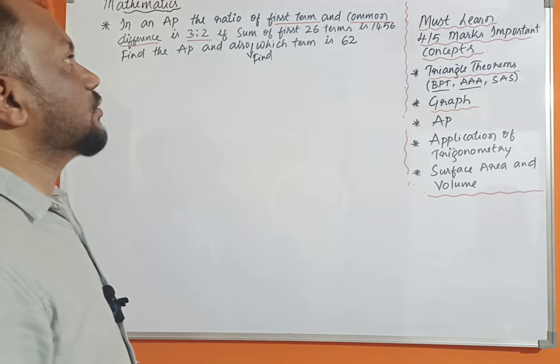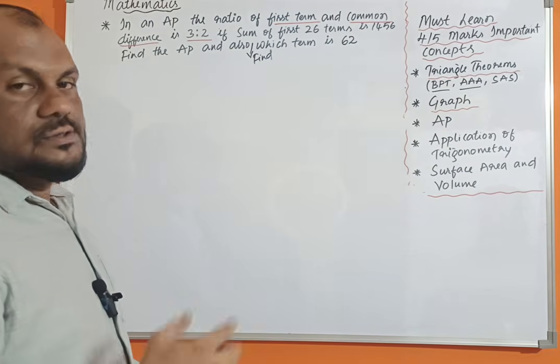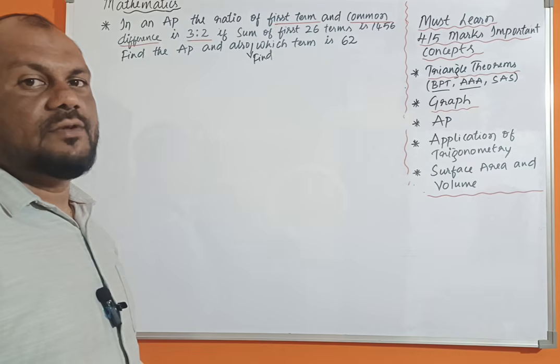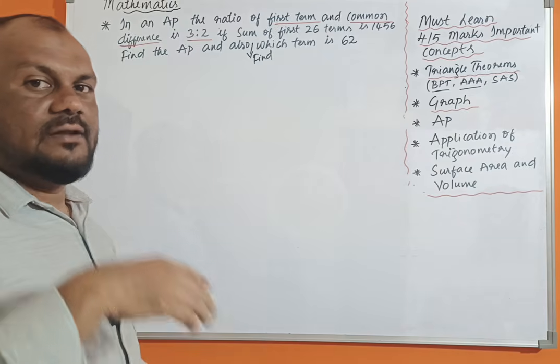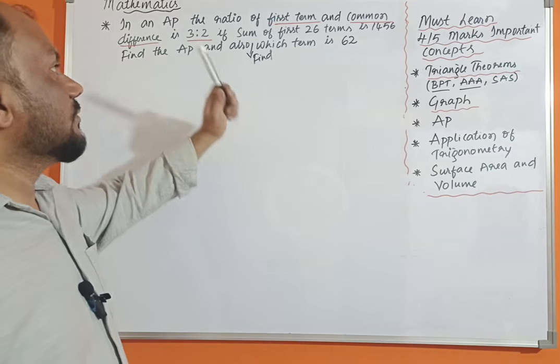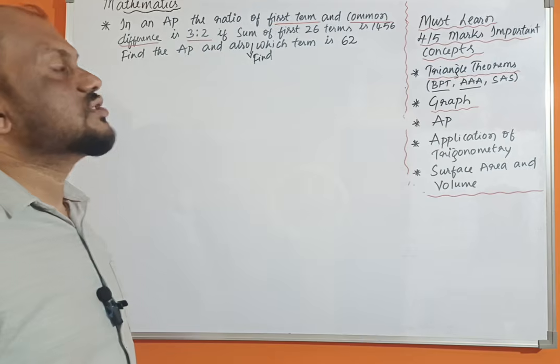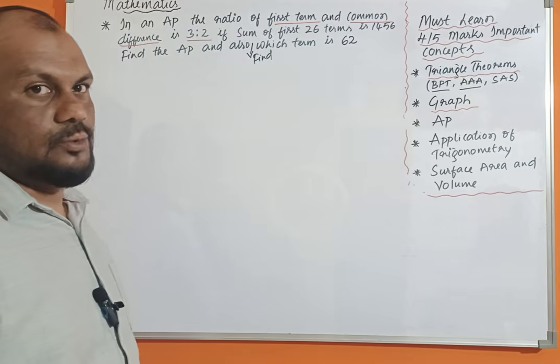What is given is the ratio of A and D, so we use that. With the help of that, we find A and D, then we write the AP. After that, we have to find which term of this AP is 62.